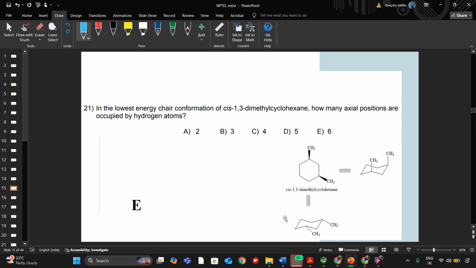Hence, we will have six hydrogen atoms present in axial positions. Okay, so the correct option will be E.